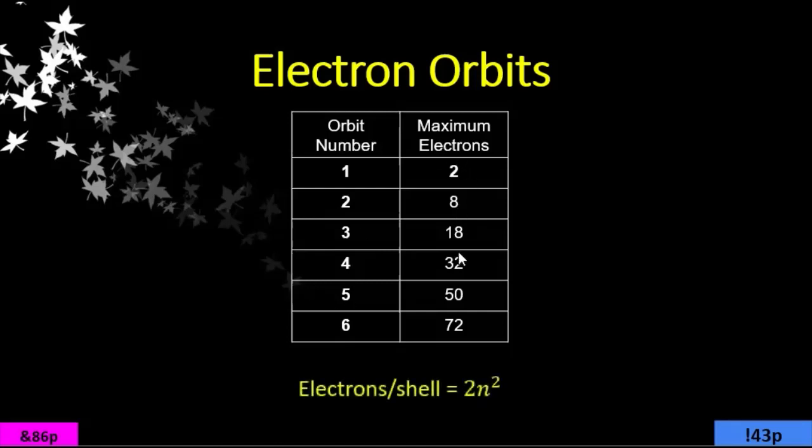The formula to get the maximum number of electrons, remember, from our previous lesson, is 2n squared. For the second shell, we have a maximum of 8 electrons. For the third shell, 18. For the fourth shell, 32. Fifth shell, 50. For the sixth shell or sixth orbit, the maximum number of electrons is 72.